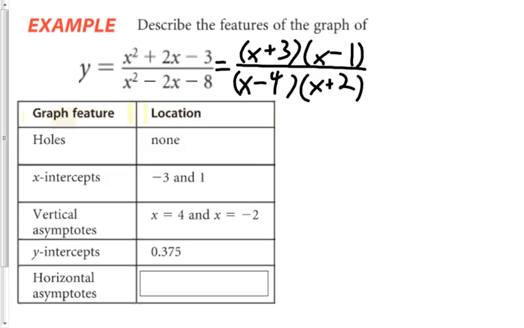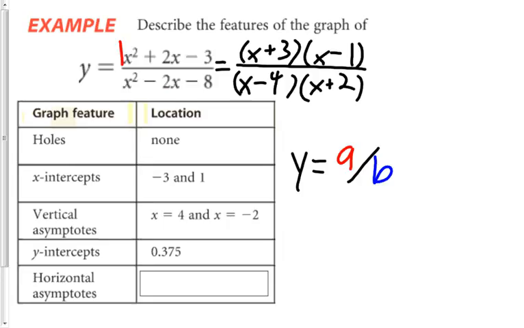Finally, I'd like to see my horizontal asymptote. That goes back to looking at the rules. In our case, it's rule number 2, when the numerator and the denominator have the same degree. I know y is equal to a divided by b, where a and b are the leading coefficients of the numerator and the denominator respectively.